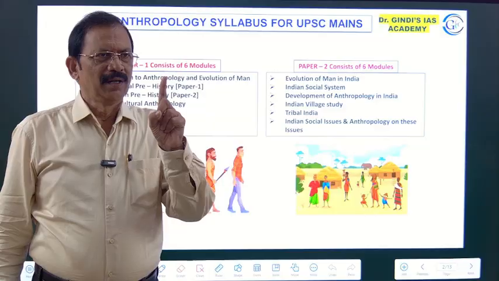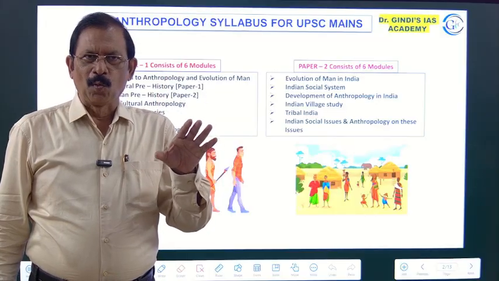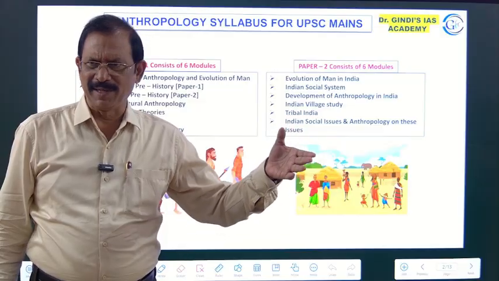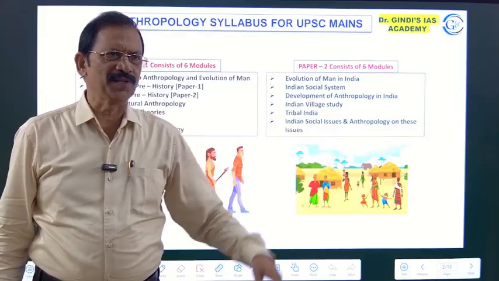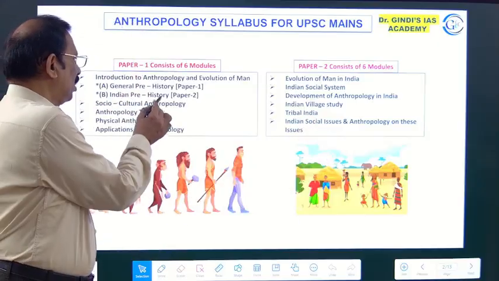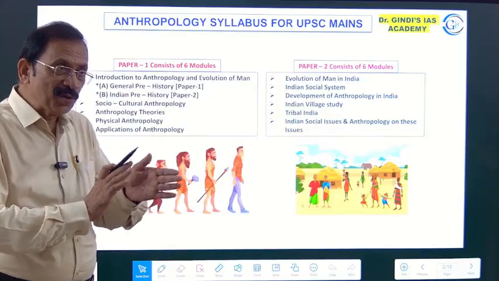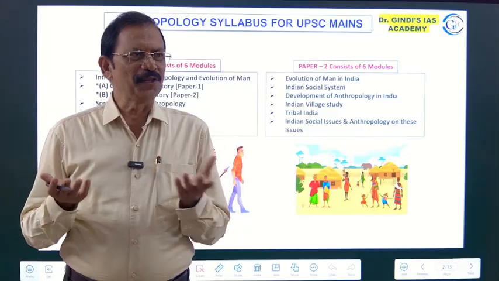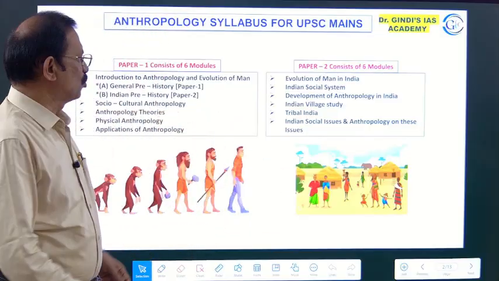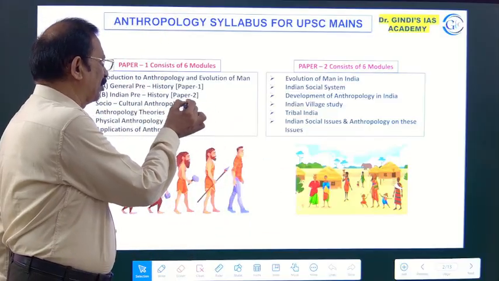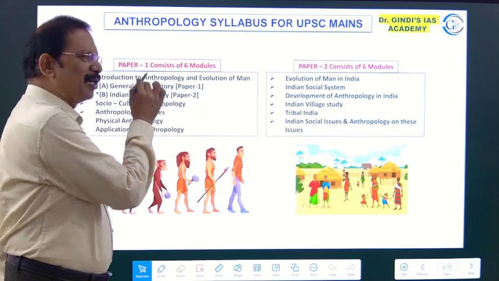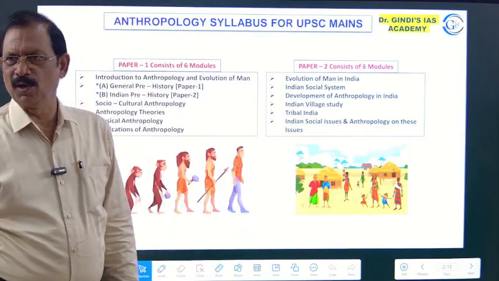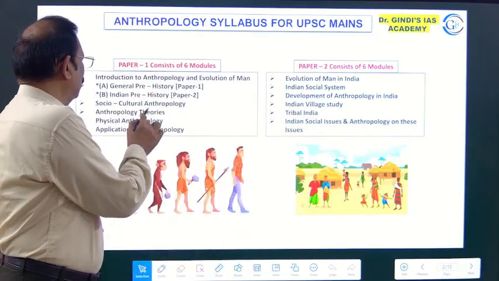In paper 1, we read about prehistory, general principles, and the methods and techniques used in prehistory. In paper 2, it relates to India. If you study Indian prehistory, ultimately you can write paper 1 also. So paper 1 and paper 2 are under prehistory, under one module.